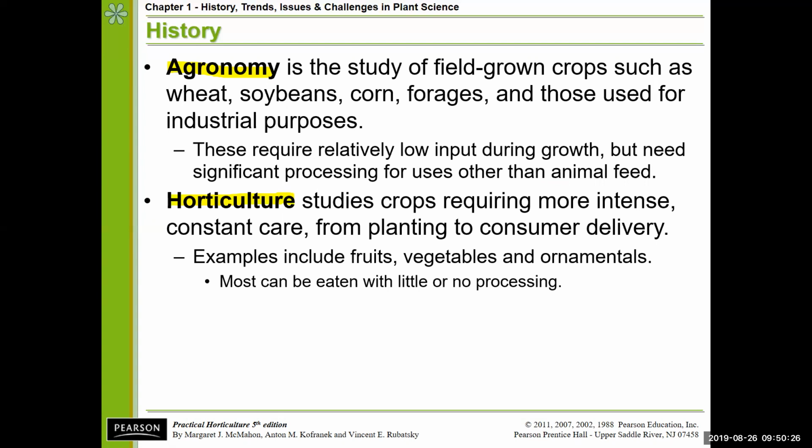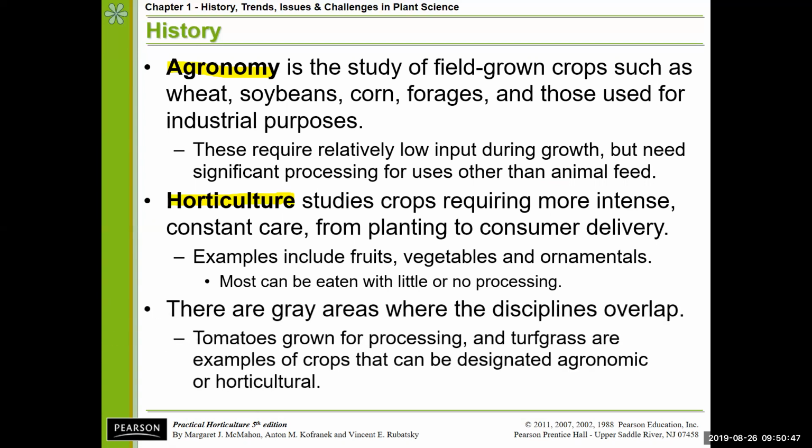We think of agronomy like fields of corn and soy. Horticulture is more intensive production, like vegetable crops, fruits, ornamentals. Just a slight difference, although there are a lot of gray areas where these disciplines overlap.